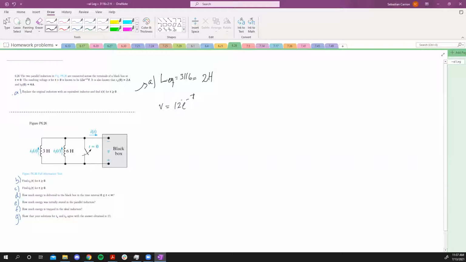We use the inductor equation for this. The voltage across an inductor depends on the inductance times di/dt, correct? So we play with this: V dt equals 1 over L di.